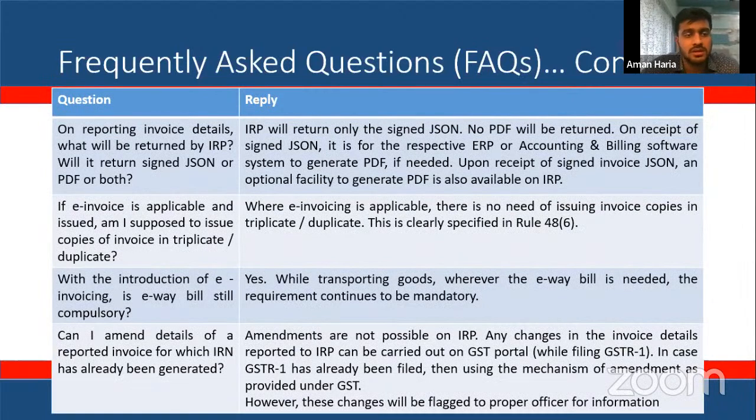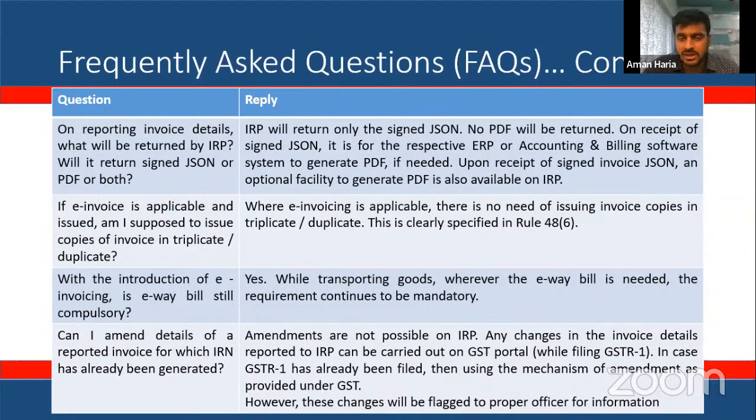The next FAQ highlighted was whether the IRP will return a PDF or only a signed JSON file. The government has again clarified that the IRP will only return a signed JSON. A PDF copy will not be returned by the portal. However, the signed JSON has to be integrated in your ERP accounting system, and that system has to generate a PDF.